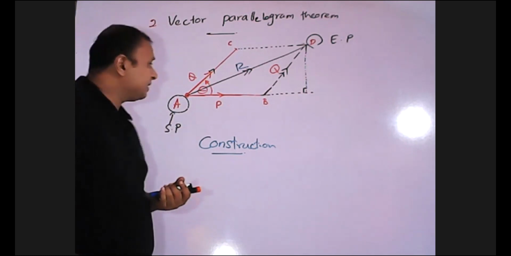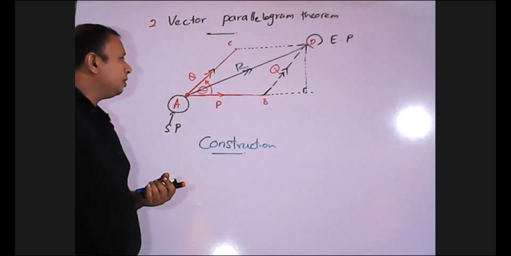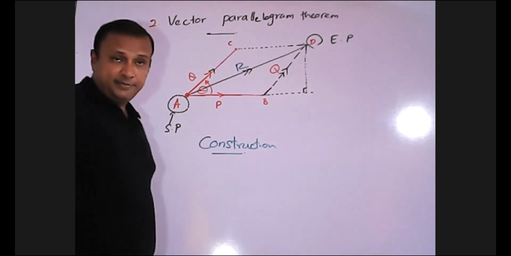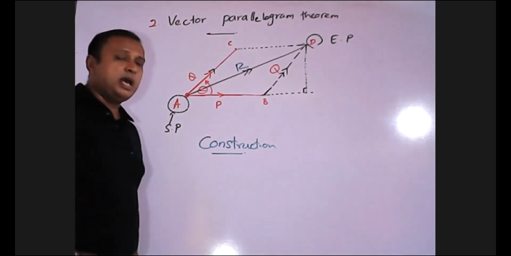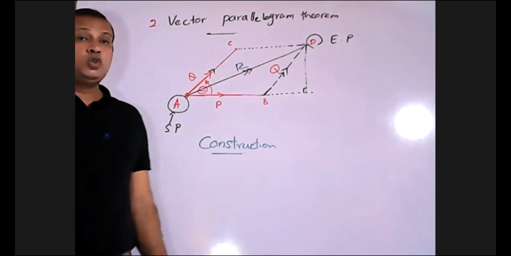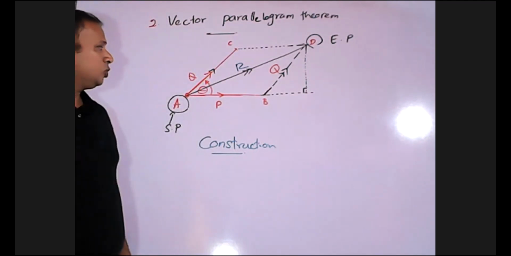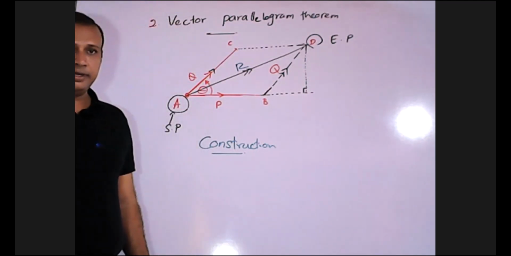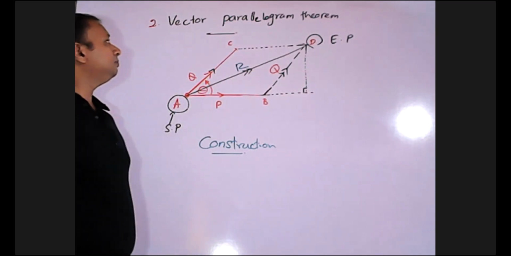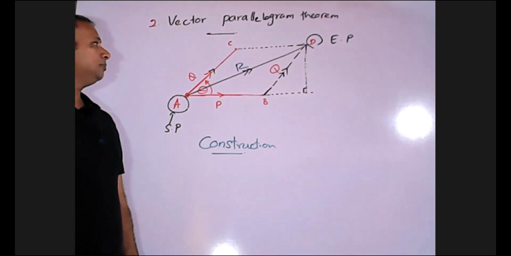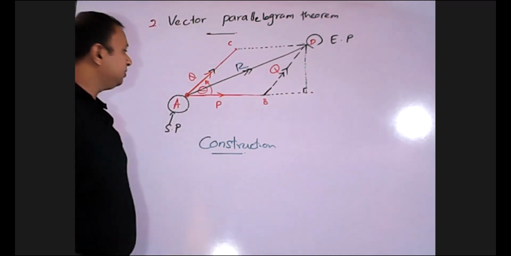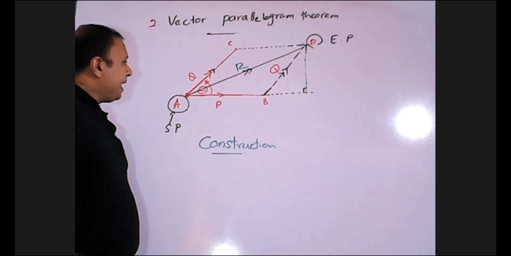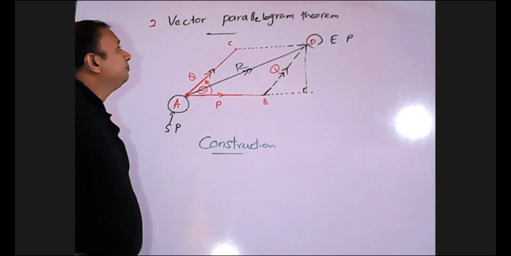Considering AB and AC are two adjacent sides of a parallelogram, construct ABDC parallelogram.